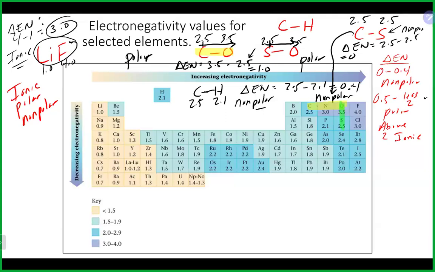You could probably make a pretty educated guess that it will make a polar bond. So a lot of times you can make a pretty good guess just with the general trend without the numbers, especially if you're comparing something in the same row or same group. Any questions on that there? Again, just that diagonal relationship, you just got to kind of watch out for a little bit as you go do it.